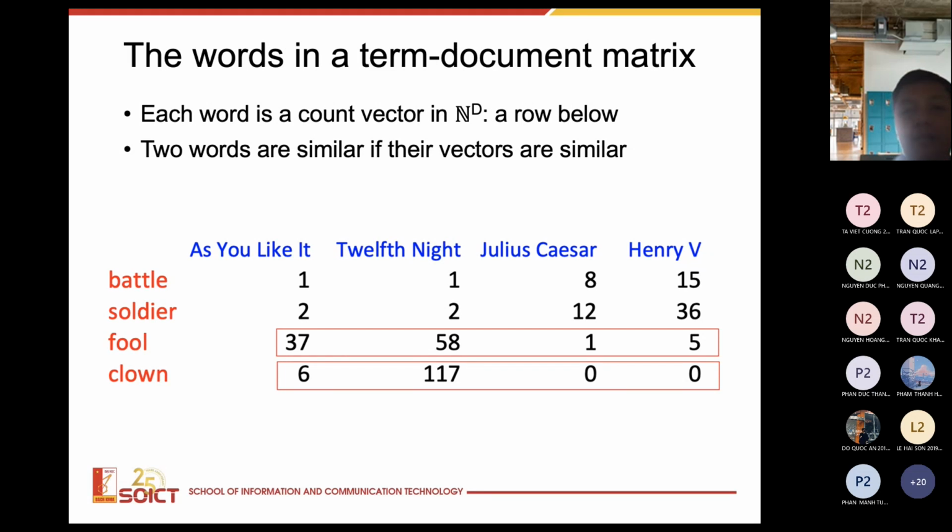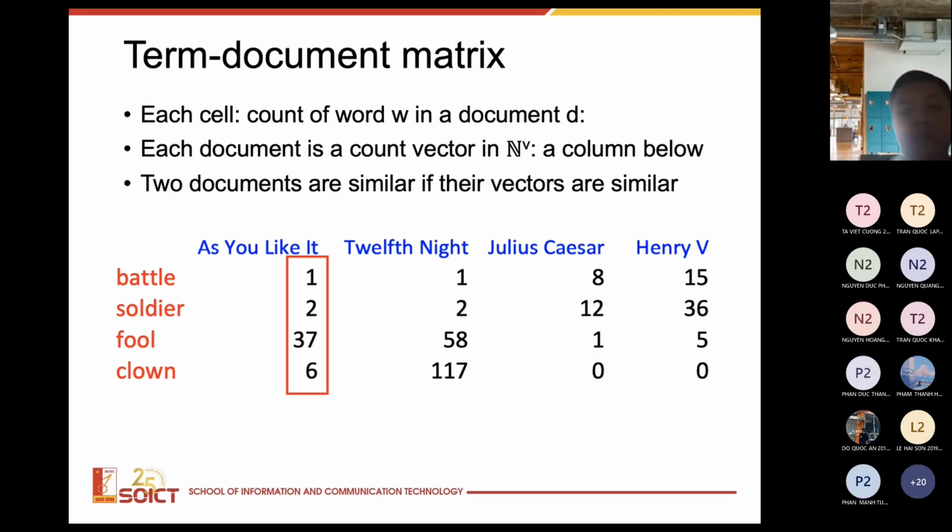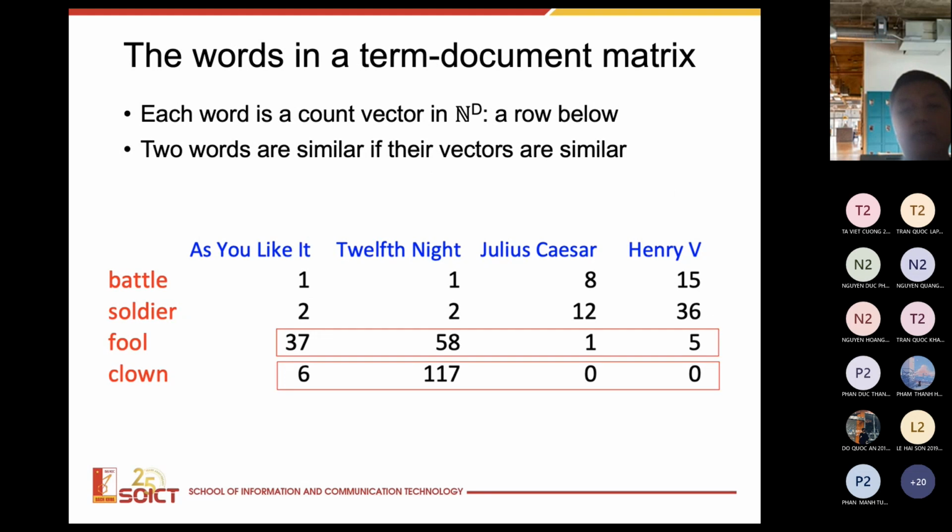So the document here is represented as a column in the matrix, and the word is a count vector represented as a row in the matrix. So over here, this is the representation for a word in this term-document matrix.